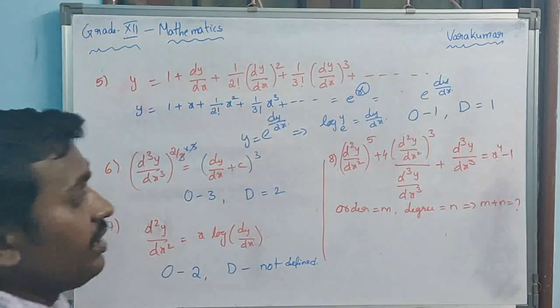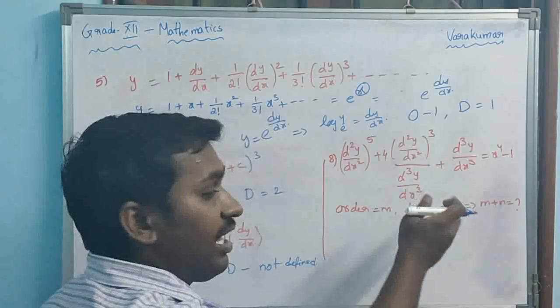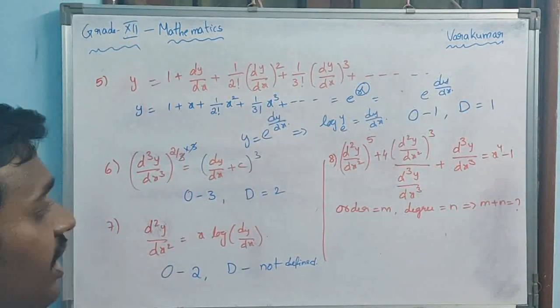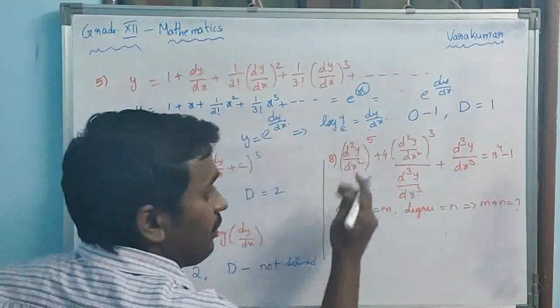Next one. Here, if the order and degree exist, and you think they are m and n, what is the value of m plus n? Now it has fractions, so we have to take the LCM. Let me multiply and do that one.